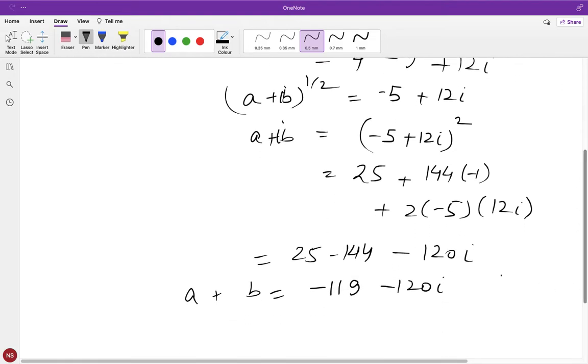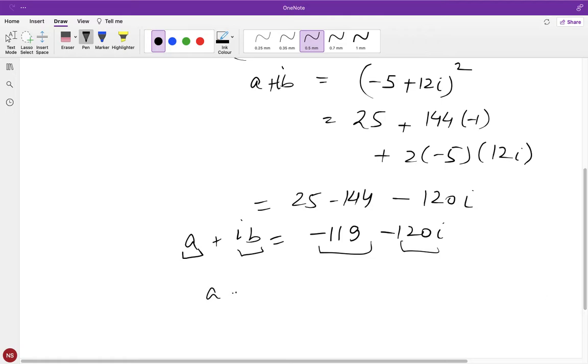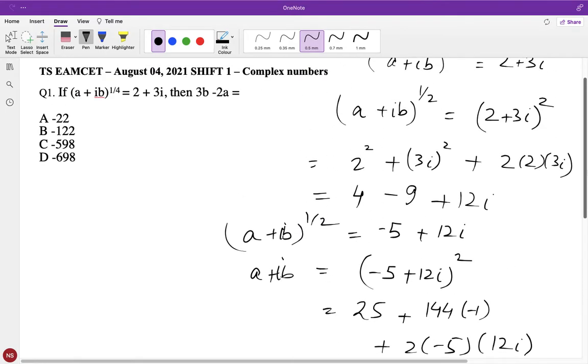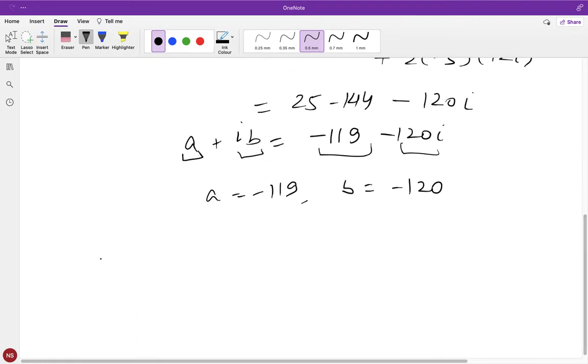a plus iota b. So comparing the real part with the real and imaginary part with the imaginary, what do we get? A is minus 119 and b is minus 120. What is he asking? 3b minus 2a. 3b is minus 120 minus 2a is minus 119.